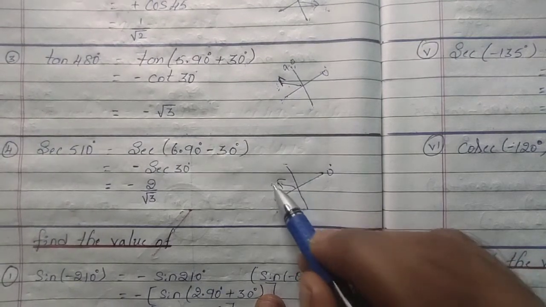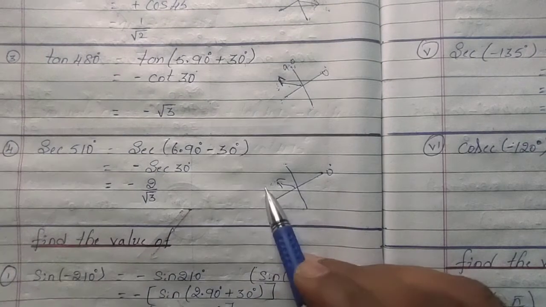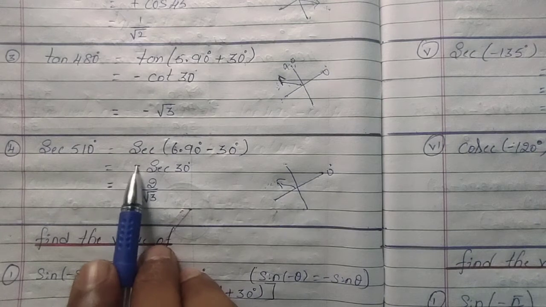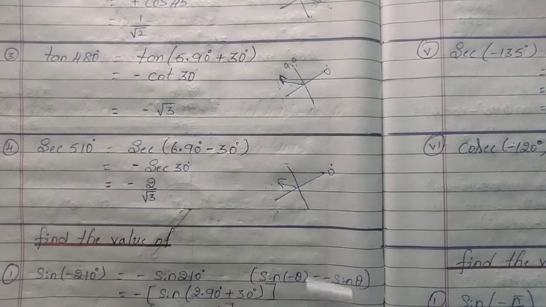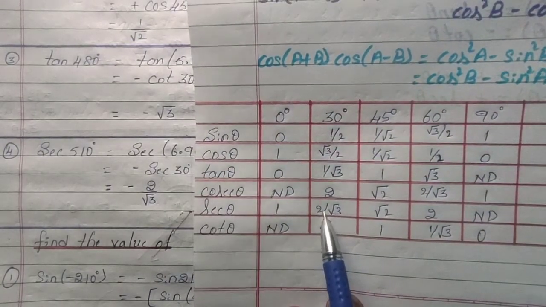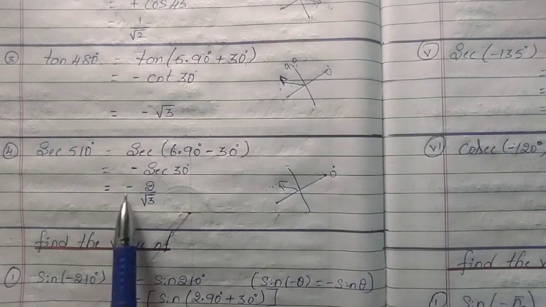Then it is in the second quadrant. Second quadrant secant is what? In the second quadrant secant is negative. Therefore result sign is negative. Negative secant 30. What is secant 30? Take the table. Secant 30 degree is 2 by root 3. Therefore the answer is minus 2 by root 3.